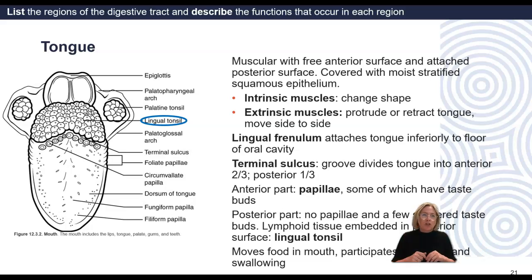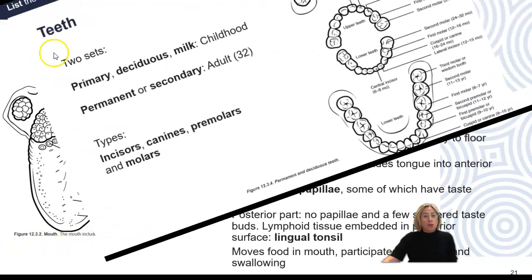And we'll do something in the tutorial about your ability to taste different things, and it's quite a lot of fun. The posterior part has no papillae and a few scattered taste buds. It does contain lymphoid tissue embedded in the posterior surface, and this lymphoid tissue is called the lingual tonsil, again involved in defense. And the tongue itself moves food in the mouth, it participates in speech, and it also participates in swallowing.